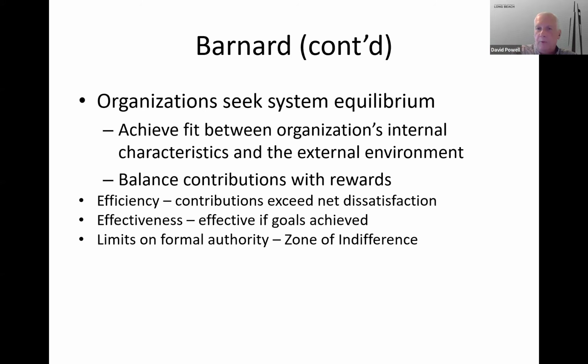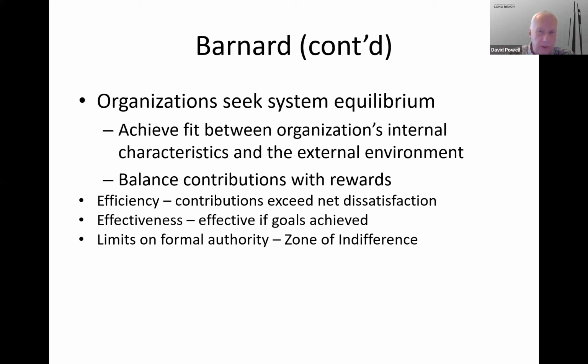So whenever we ask an employee to do something and to provide a contribution, there could be some dissatisfaction on the part of that employee in that they don't want to put forth that additional effort. But if that level of dissatisfaction is less than the amount of contributions that we can get from those employees, that is what Chester Barnard would consider to be an indicator of organizational efficiency. So to be efficient as an organization, the net value of the contributions must exceed the net value of the dissatisfaction levels of our employees.